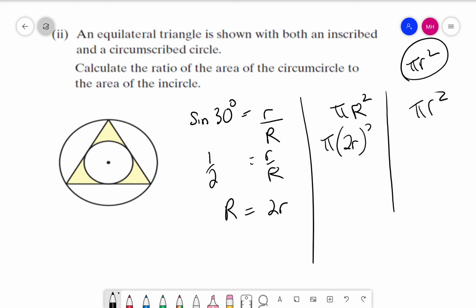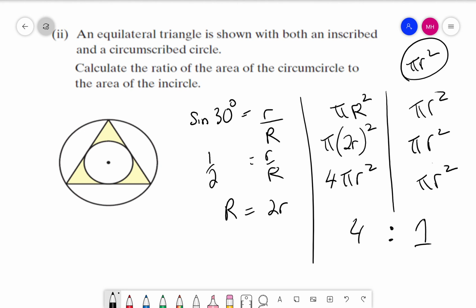So the big circle is pi times 2r squared, which is 4 pi r squared. And here we just have pi r squared. So you can see that the ratio is 4:1.